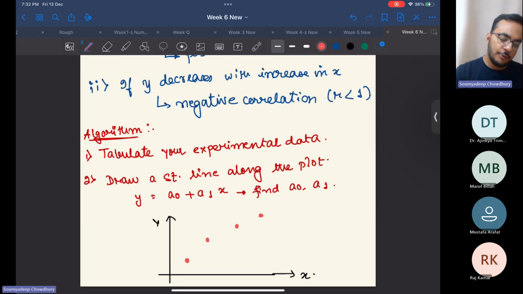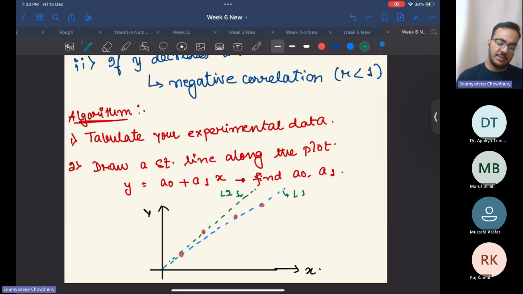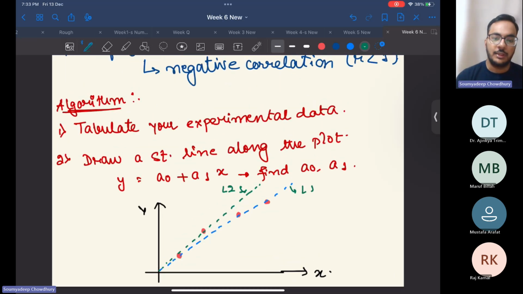So I can draw one straight line like this, and another straight line like this. This blue one is line 1, this one is line 2. Can you tell me which is the most accurate representation of the data? Whether it is line 1 or line 2?